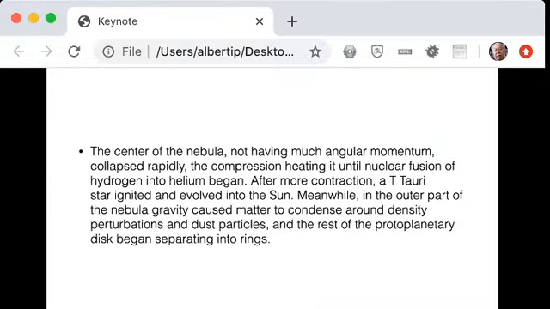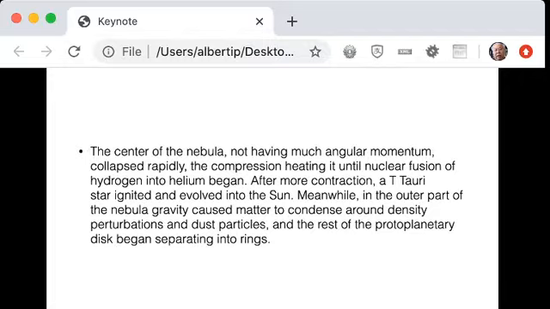The center of the nebula, which becomes our sun, being lighter and with less angular momentum, so it's not rotating as much. Angular momentum means rotation. Therefore, it collapsed much quicker. The collapse is attracting each other, and therefore it is a compression.